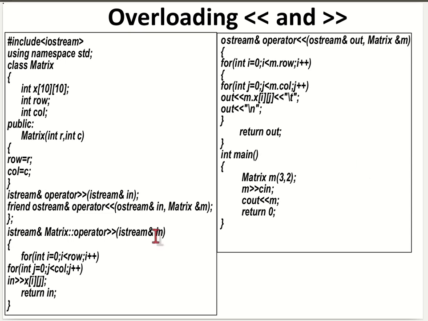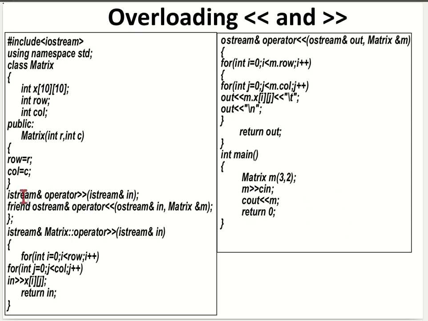Here you can see the extraction operator is implemented as a member function, and the insertion operator is implemented using a friend function.